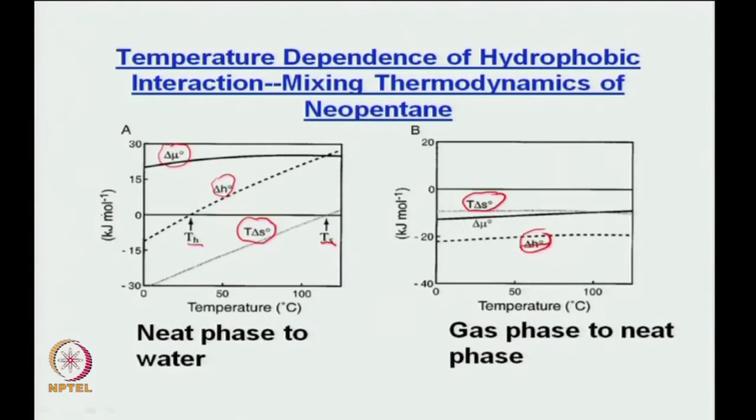Because the slope is so steep, that immediately tells you that delta Cp is also very high. Similarly, on the right figure, because the slope is so small, your delta Cp is small, as simple as that.